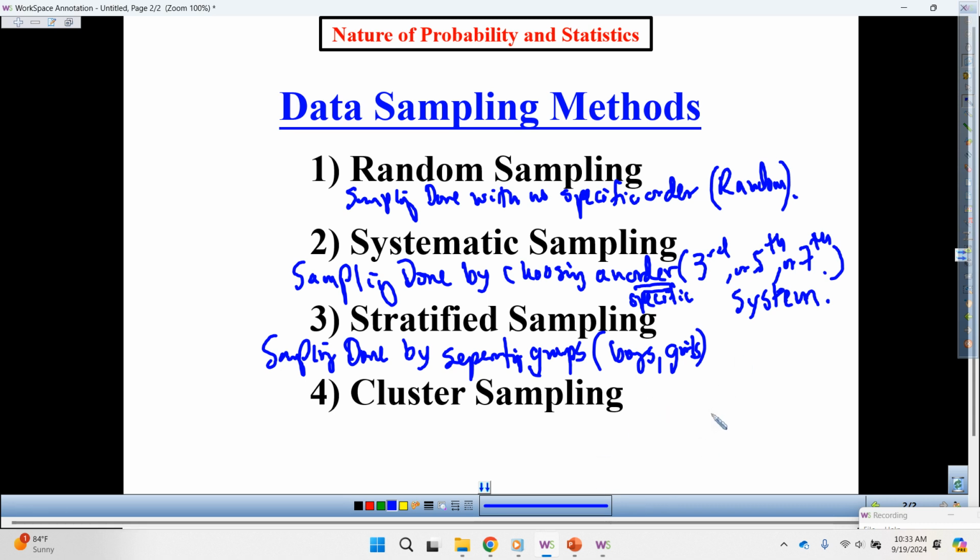Cluster sampling. Who went last? Mario, pick someone. Max, sampling is done by separating into groups.